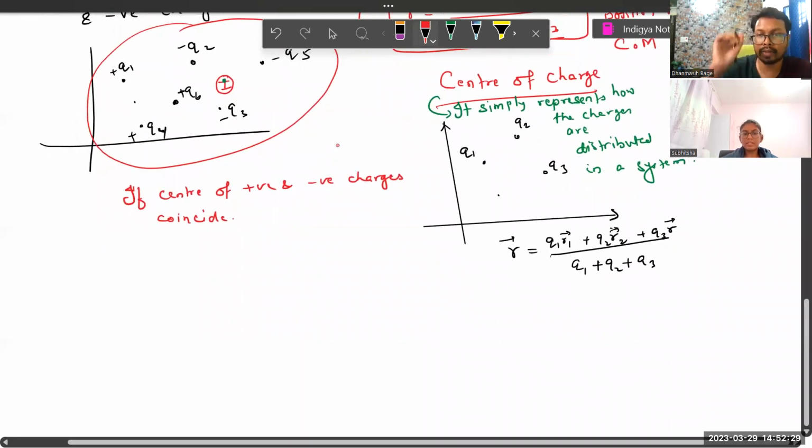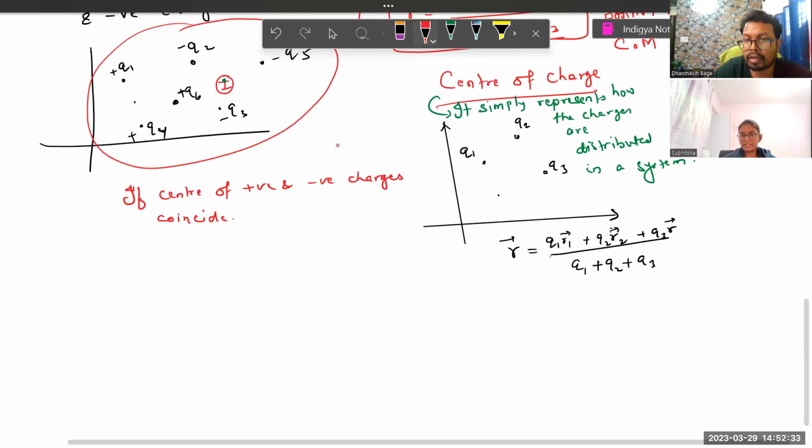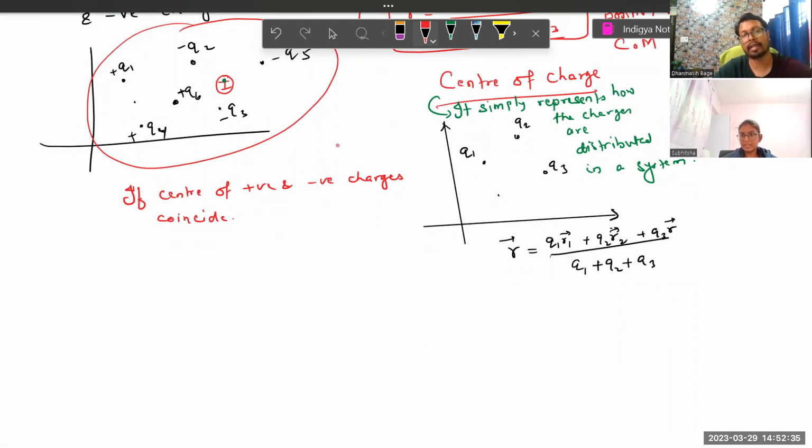Calculate the center of positive charges separately and the center of negative charges separately. Then if they come out at the same point, the dipole length will be 0, because it is the separation.